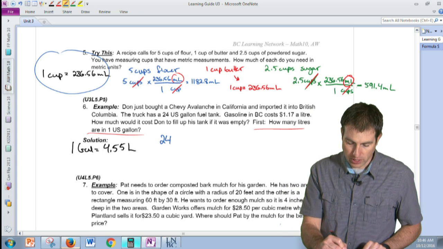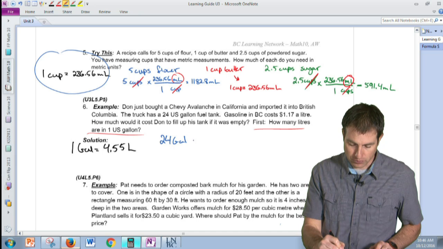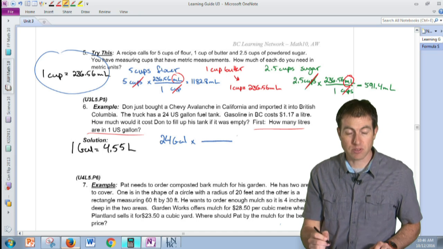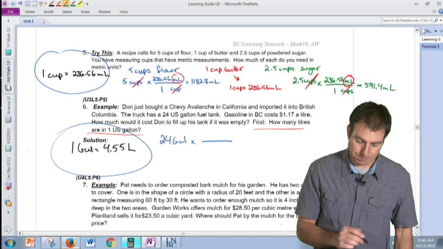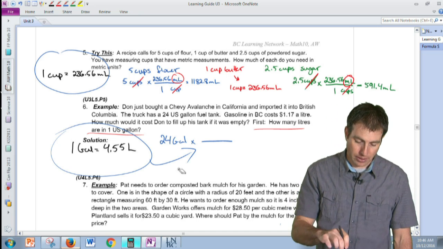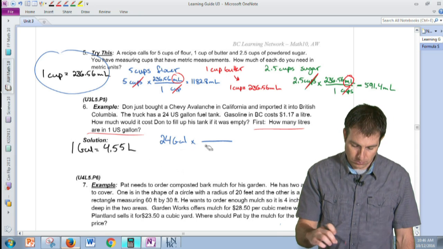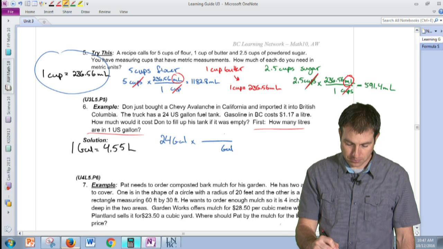All right, let's figure out how big this gas tank is. We have a 24-gallon gas tank. We're in BC now. We need to convert this into liters. So we're going to have to multiply by our conversion factor, and we just wrote that down right here. If I'm trying to get rid of gallons, I'm going to put it on the bottom. There's my gallons.